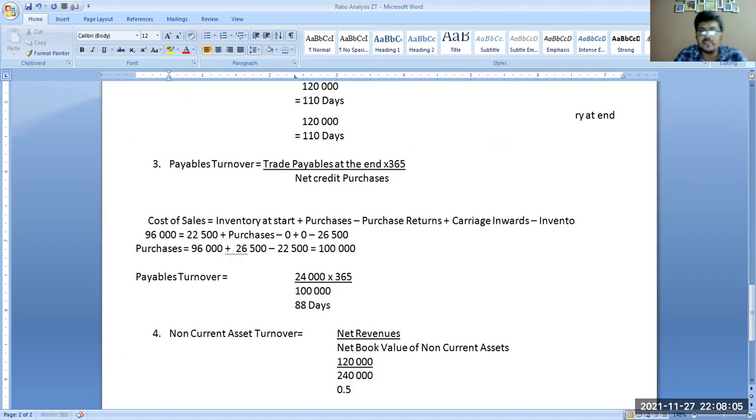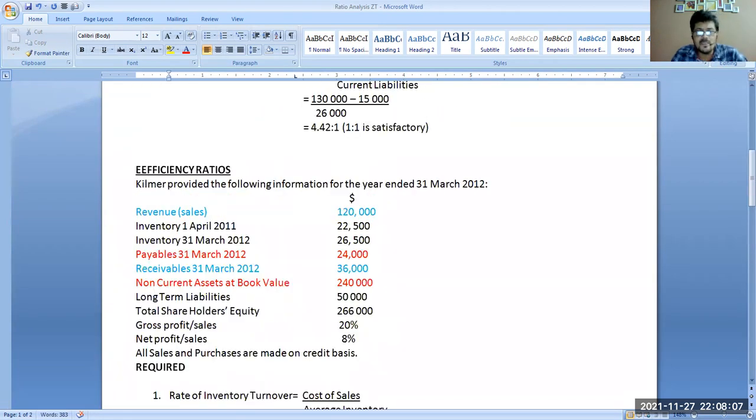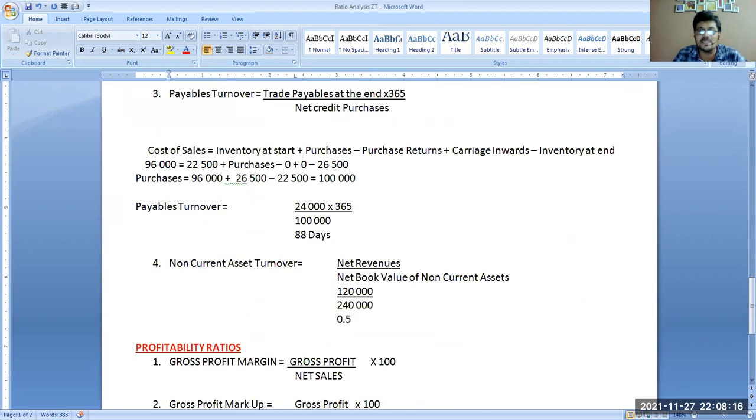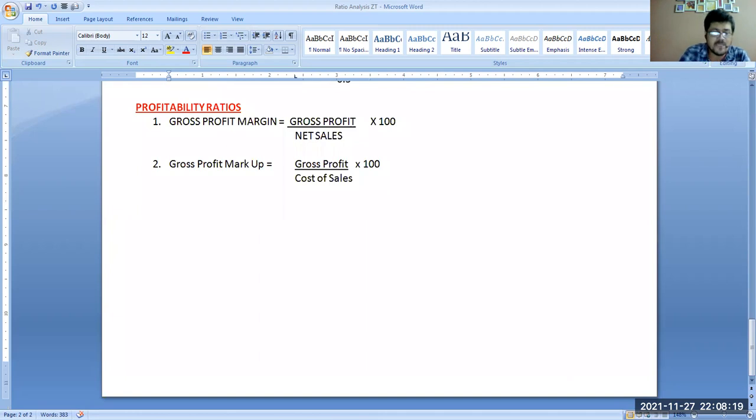Now, take this example. We are given a gross profit to sales margin of 20%. So how do we calculate? Gross profit margin is equal to gross profit divided by net sales, multiplied by 100.